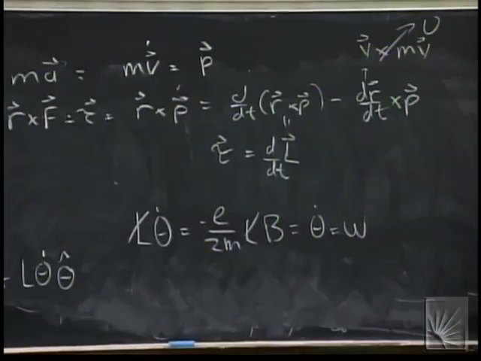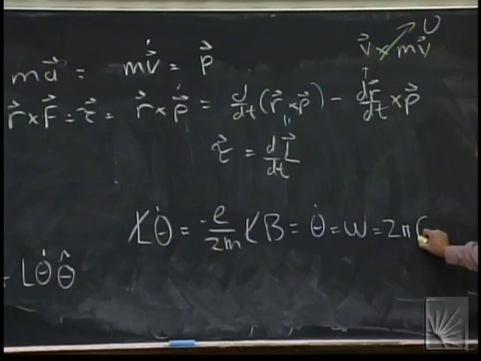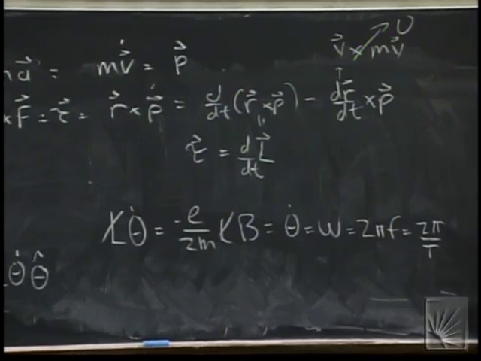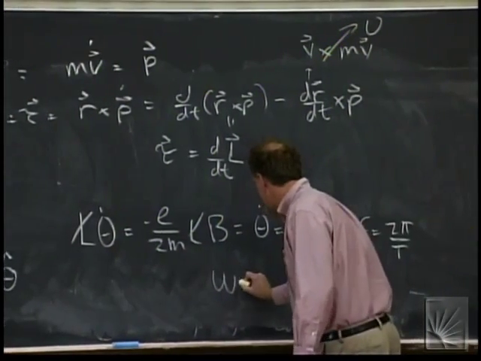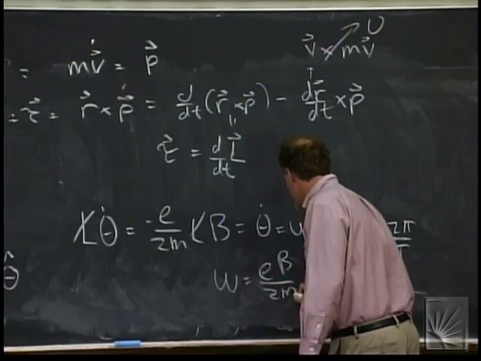That's just the definition of omega. Omega, which we think of as 2 pi f, which we can also think of as 2 pi over the period, is just the time derivative of the angle. All of that was simply to get you that there's this relationship here.